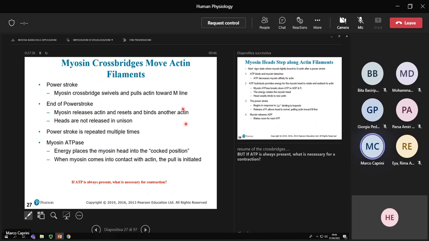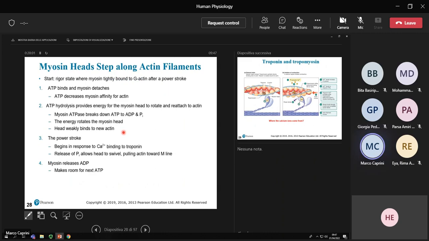Resume of the cross bridges: if ATP is always present, what is necessary for contraction? Now we know that calcium is necessary. We know it from the video that we have seen before, and because we already described that calcium is necessary. But how?